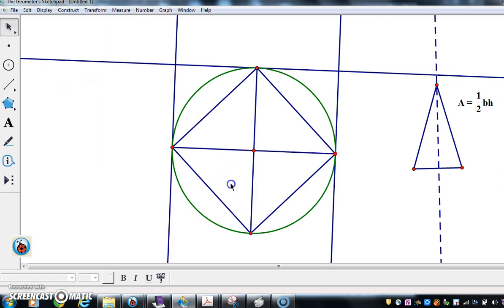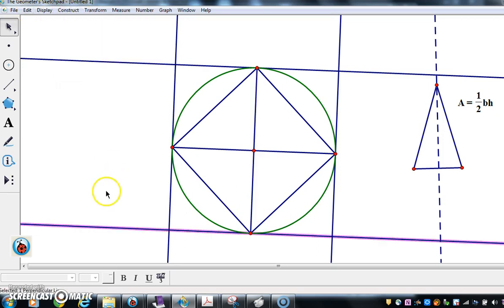Construct perpendicular line, construct perpendicular line. Again, I'm going to outline the square using the segment tool. And each one of these line segments is tangent to the circle.